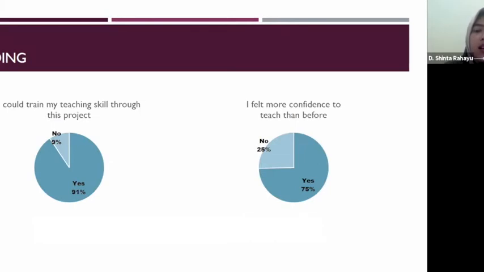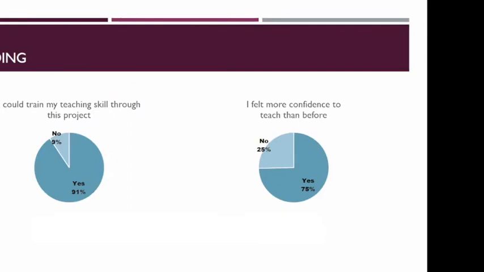But there were 25% of students who didn't feel more confident to teach than before, because some students were nervous. They said that it was the first time they acted as a teacher, and they had to act at home.